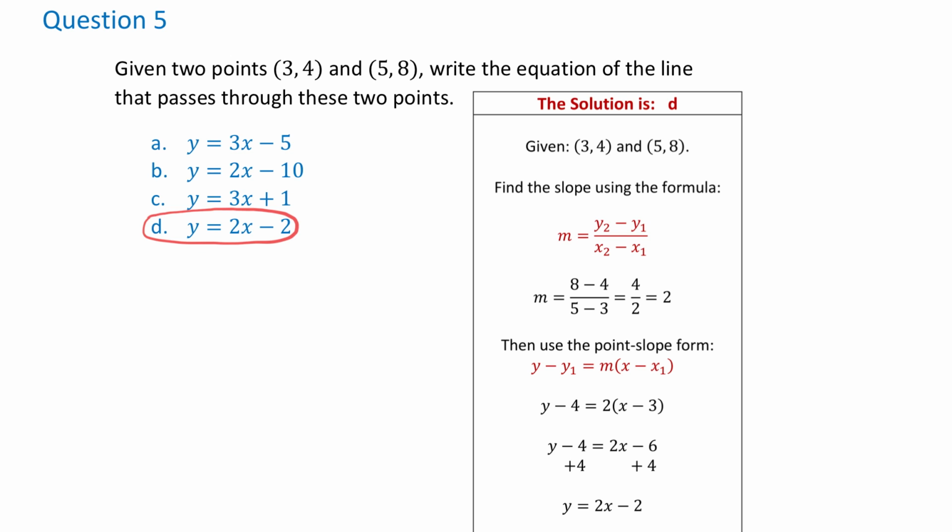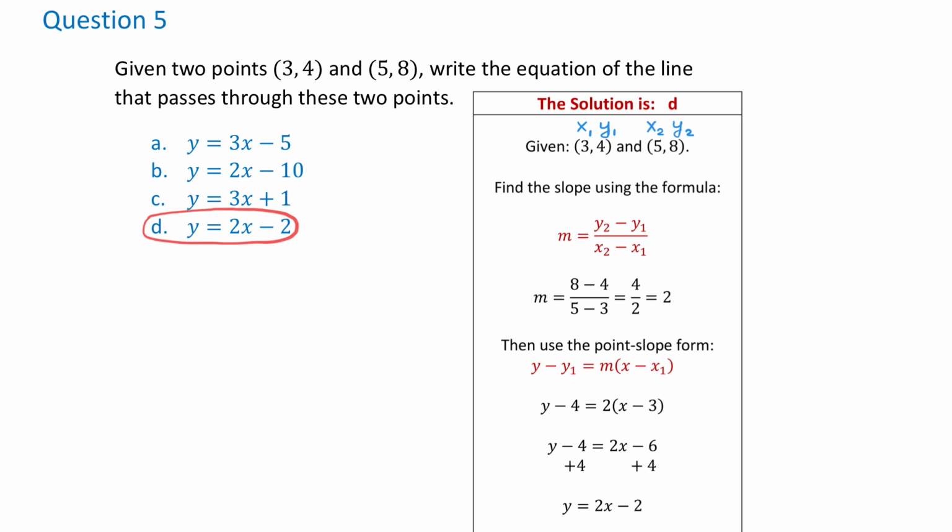To find the equation, first we need to find the slope of this line. If we have 2 points with the coordinates (x1, y1) and (x2, y2), then the formula for the slope is y2 minus y1 over x2 minus x1. So this is rise over run. Then if we replace the numbers given above, we get that the slope equals 2.